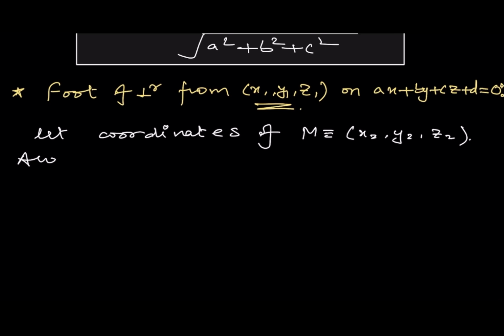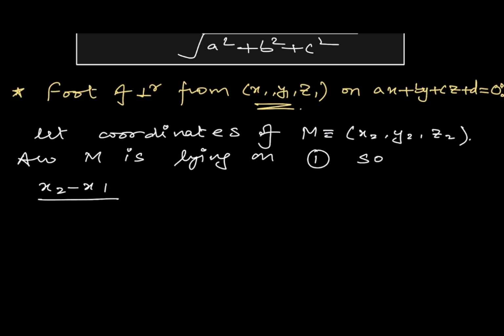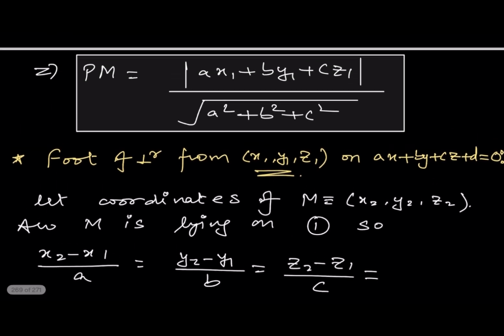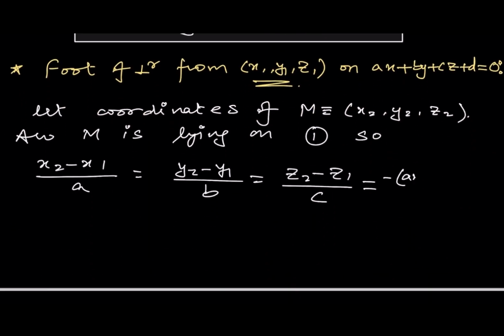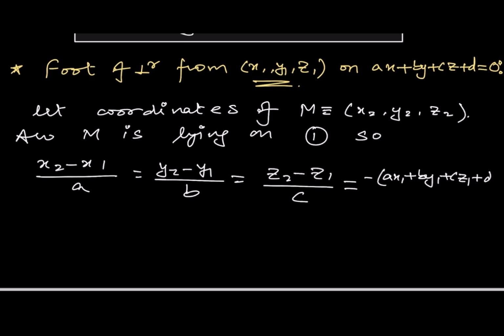Also, M is lying on 1, so (x2 minus x1) upon a is equal to (y2 minus y1) upon b equal to (z2 minus z1) upon c is equal to k, and k we have found above, that is minus (ax1 plus by1 plus cz1 plus d) upon (a square plus b square plus c square).